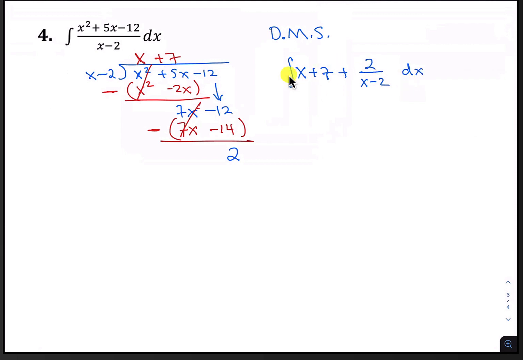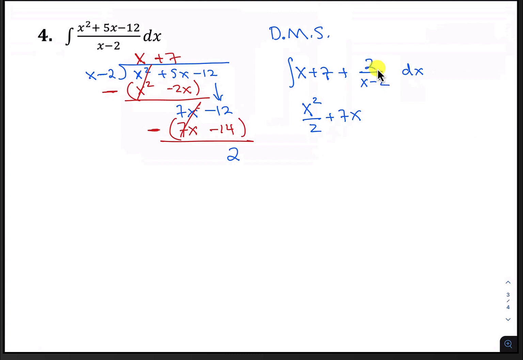Now we're just going to integrate this expression one term at a time. Let's integrate x. The integral of x is x squared over 2. The integral of 7 is 7x. And think of this as 2 times 1 over x minus 2.